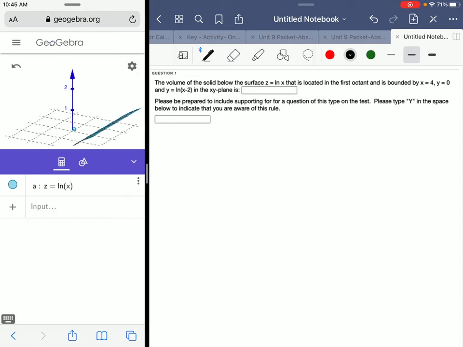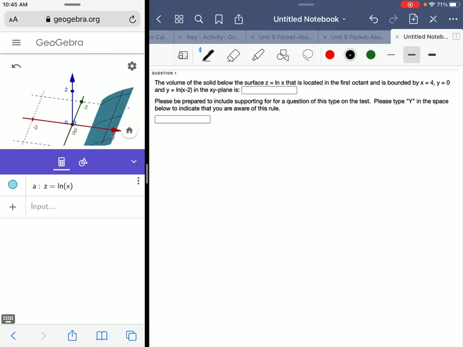I prefer the grid. Everybody's different though. All right, so this is what it looks like. I just do a quick look. It's clearly natural logarithmic in nature, but it's got elements of a plane. So basically like a plane that's been bent to follow a profile of a natural log. Right, so that's kind of cool.